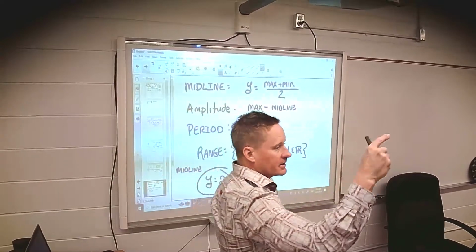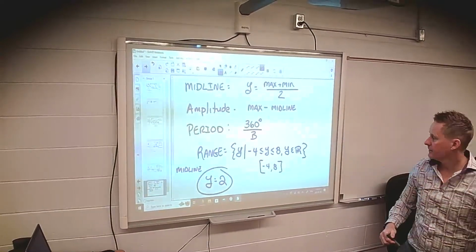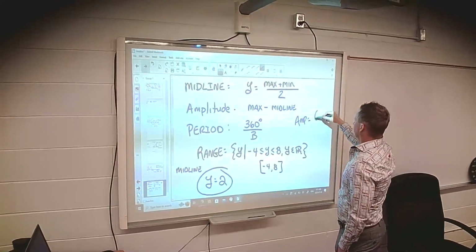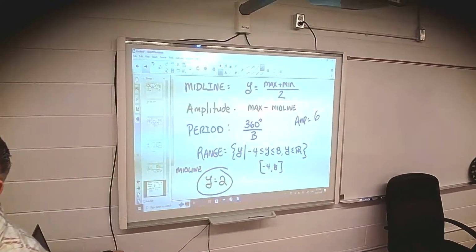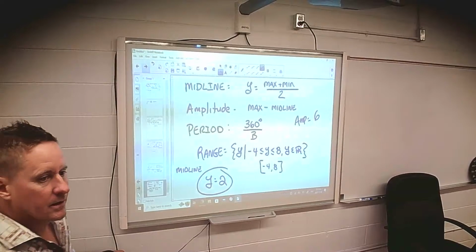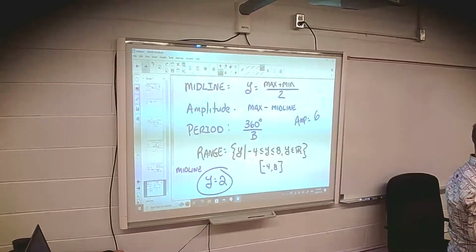Go from the midline to the maximum point. What's that distance? 6. The amplitude for that graph is 6. It's the distance from the midline to your maximum value. That's the easy part.